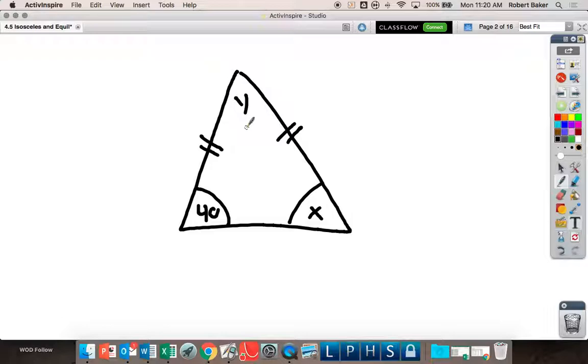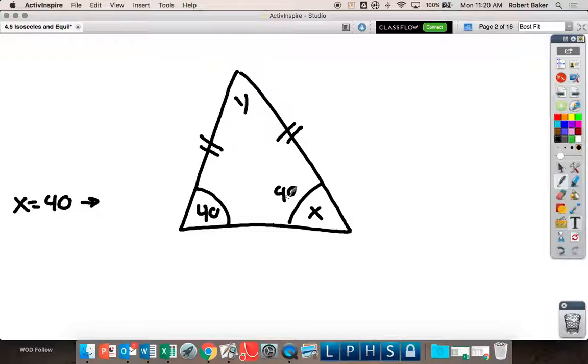Yes. What is x? 40. X equals 40, and why does x equal 40? Because base angles are congruent. That makes sense? So there's not really a lot of math that goes on there. Base angles are congruent, so this is 40 degrees.